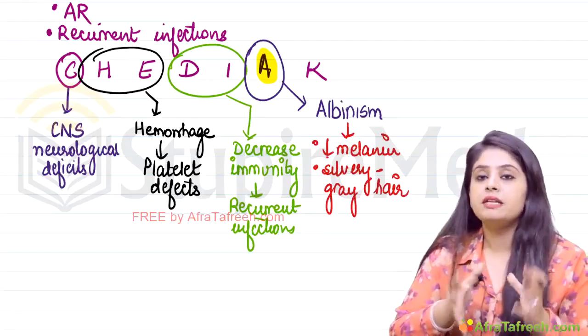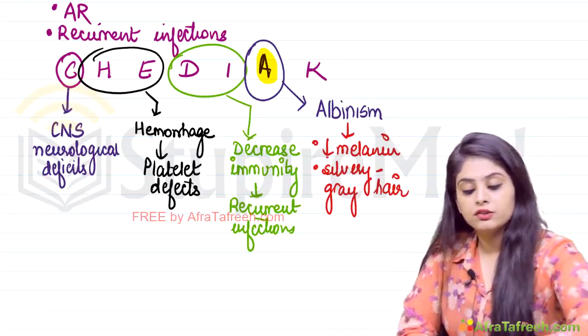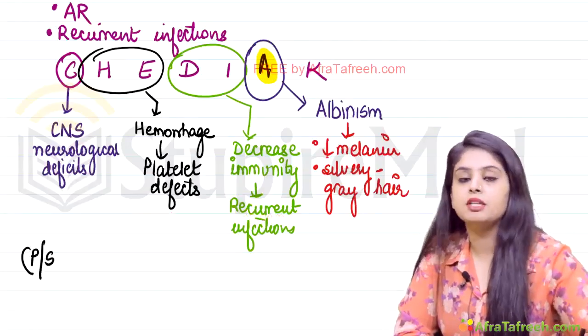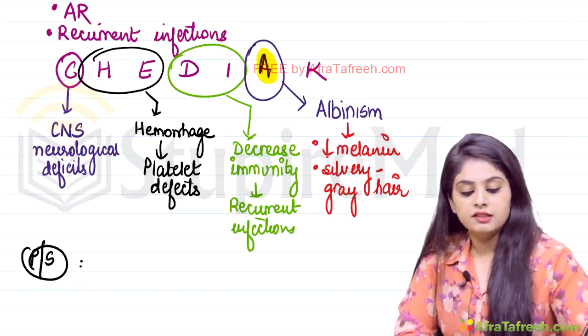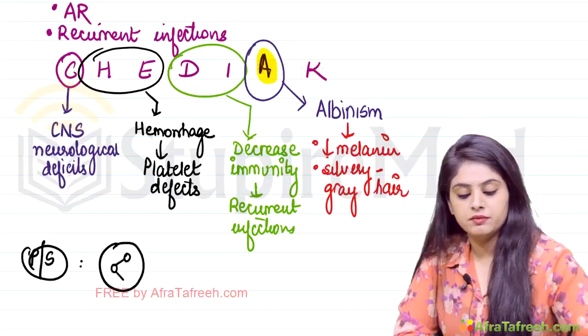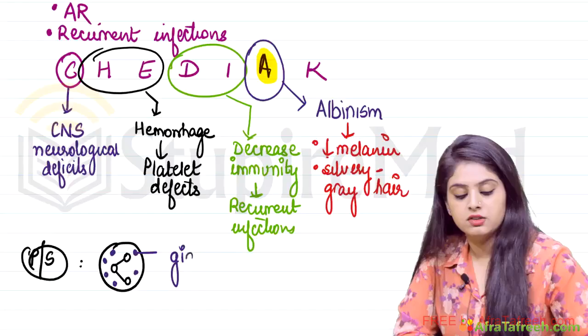But as I've repeatedly said, the trend nowadays is of image-based questions. So there is one thing that you need to know on the peripheral smear examination of this particular case. In this case, the peripheral smear, for example, if this is the neutrophil, is going to show extremely large granules, or you can say giant granules.